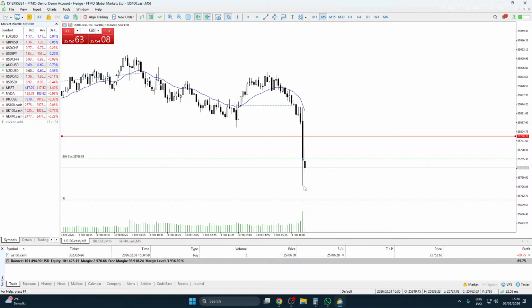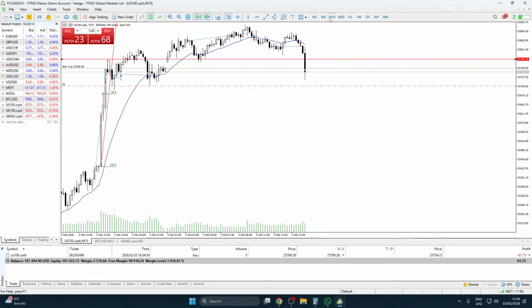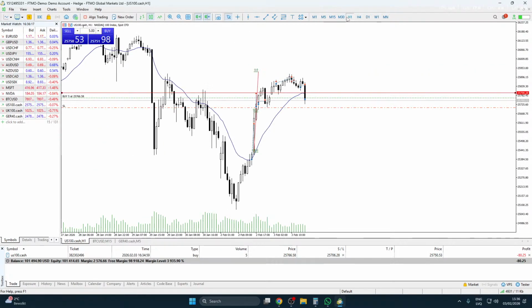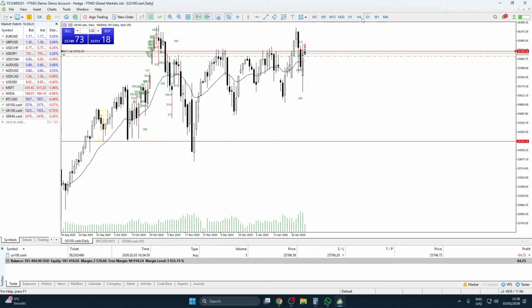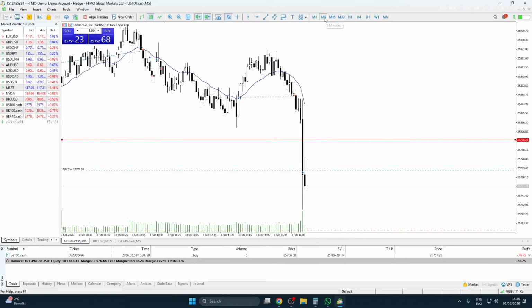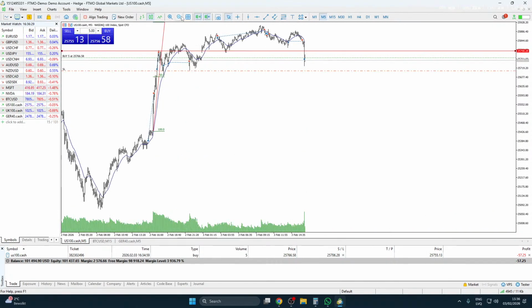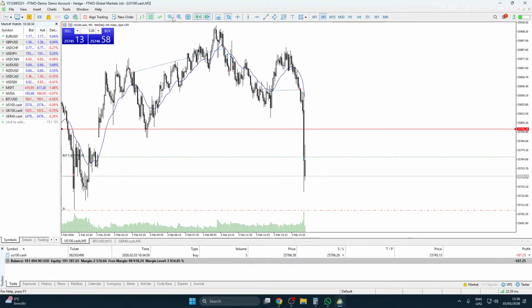I could have also set a limit buy under the low of this candle. That's the first idea, at least for this trade.